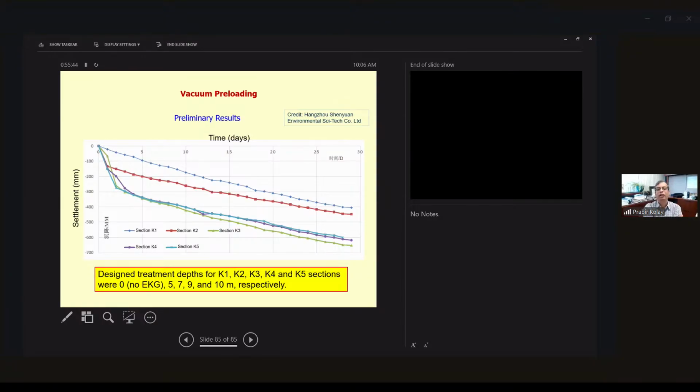They mentioned that although these sensors are very new, they proved that the settlement is much better than the conventional one. Okay.